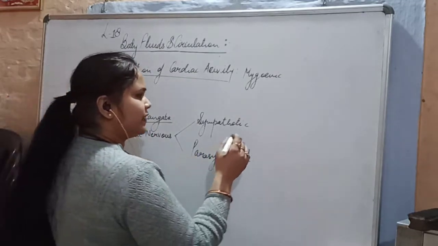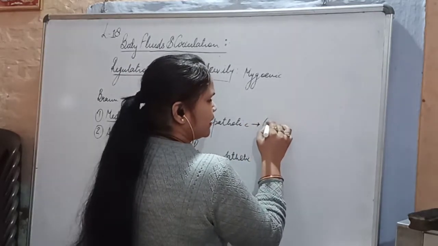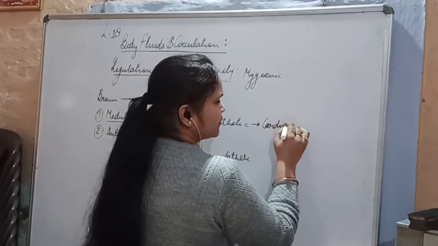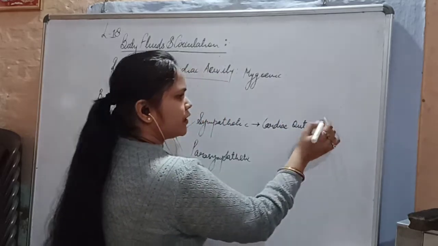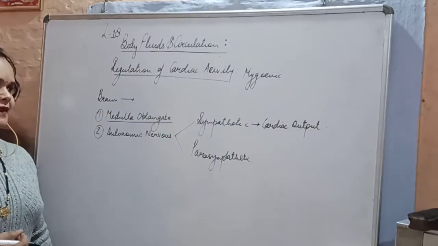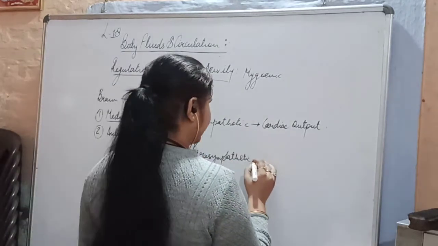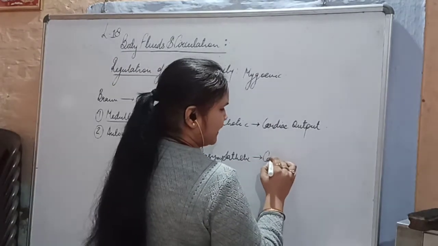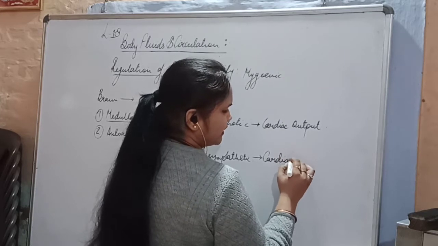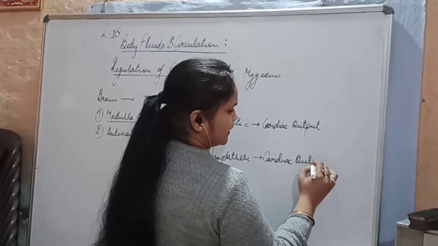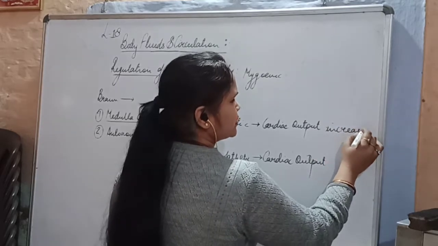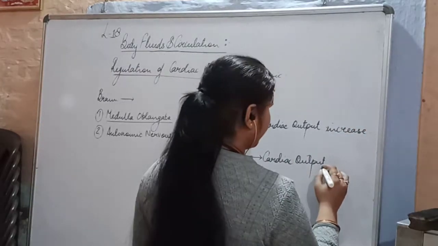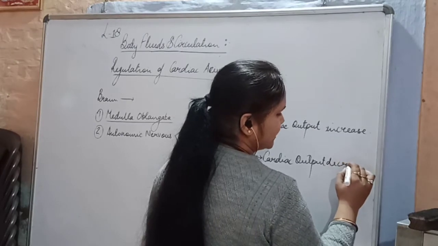So the sympathetic nervous system is going to increase the cardiac output, and as a result the heart activity will increase. And the parasympathetic will decrease the ventricular contraction, and the cardiac output or the cardiac activity will decrease. So parasympathetic will decrease the cardiac activity.